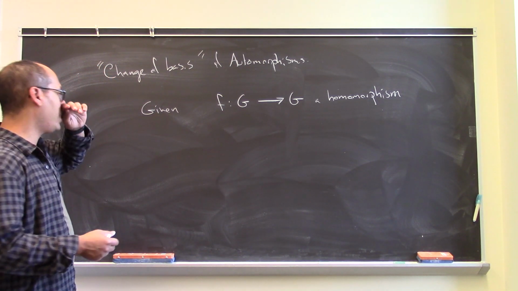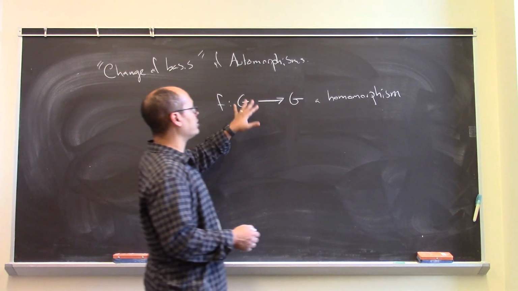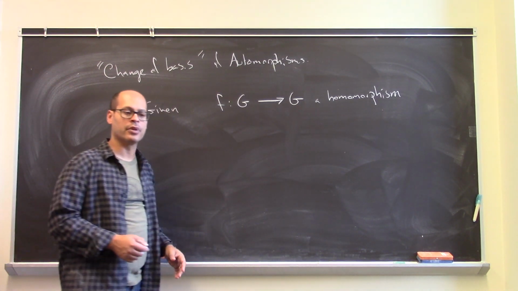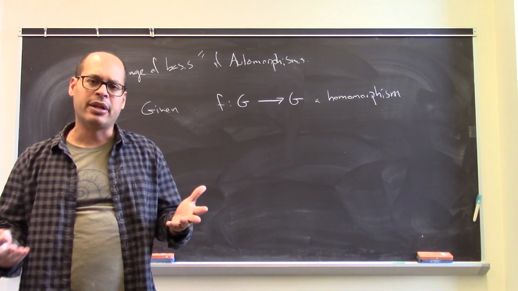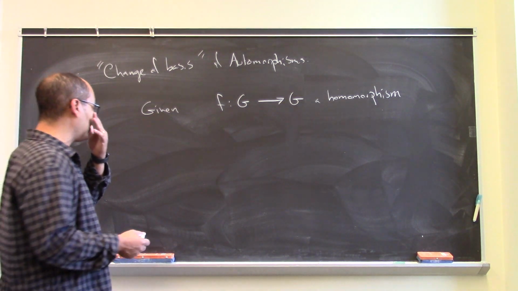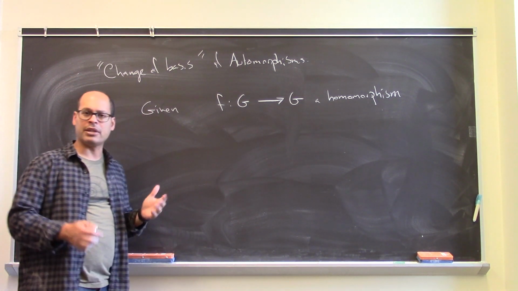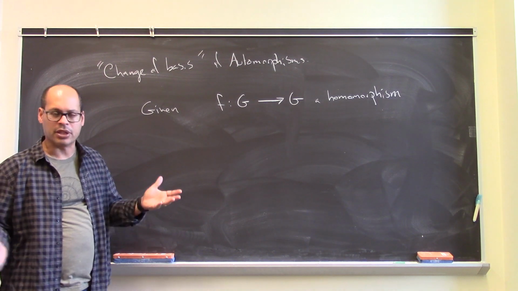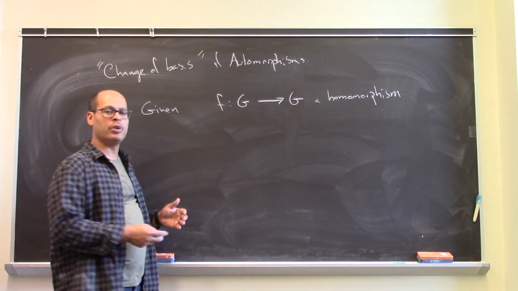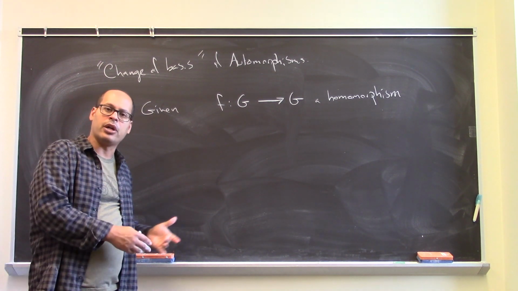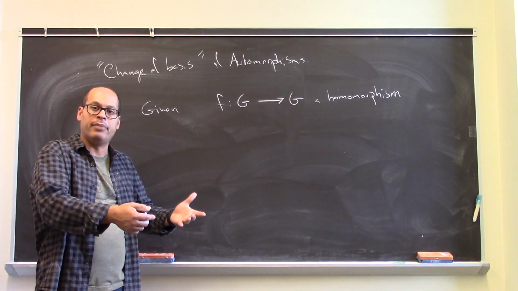So in fact, let's consider just a homomorphism from a group to itself. Now, I'm just thinking about this in analogy with vector spaces. If you wanted to think about this as some sort of abstract matrix, then we would pick a basis and see what our map does to our basis.